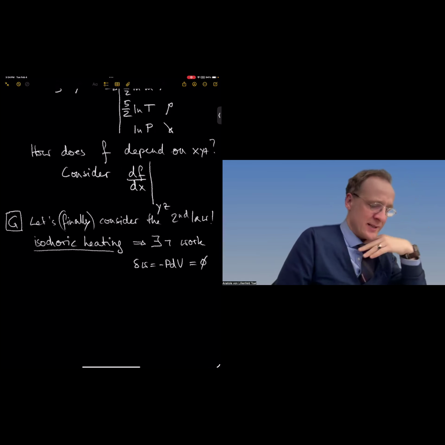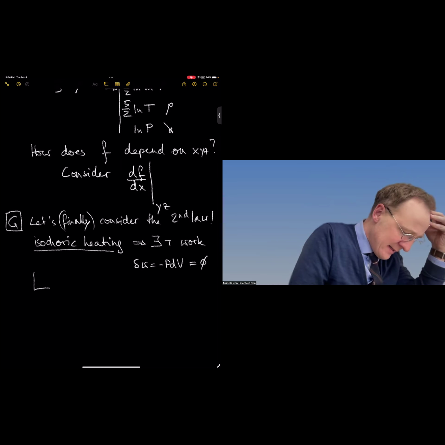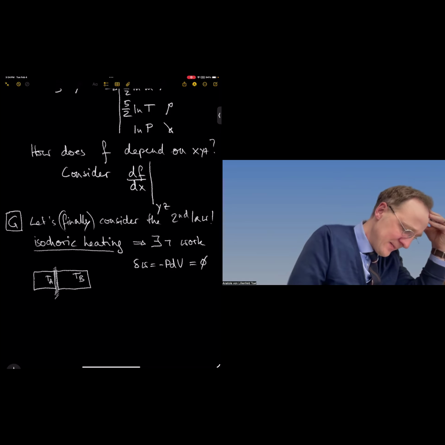So this means if I take two containers, and they don't need to be the same volume, but one is container A, the other is container B, and there's some isolation wall between them, right? So I have a TA and a TB. Let's maybe save space and write it right away like this, okay?